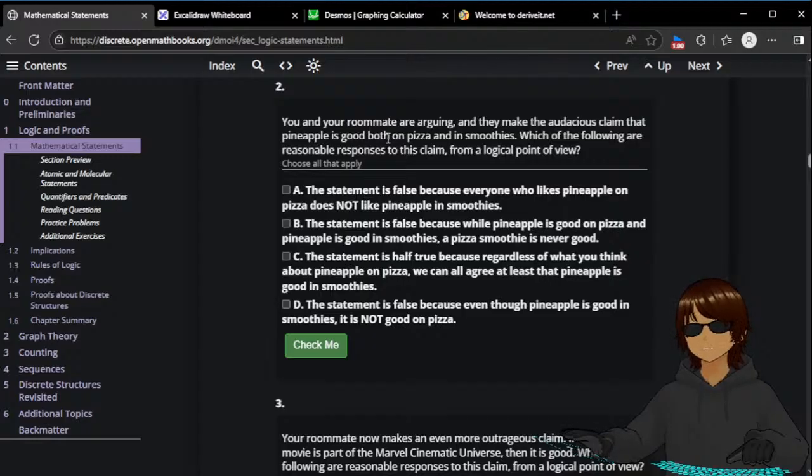Pineapple is good both on pizzas and in smoothies. The statement is false because everyone who likes pineapple on pizza does not like pineapple in smoothies.